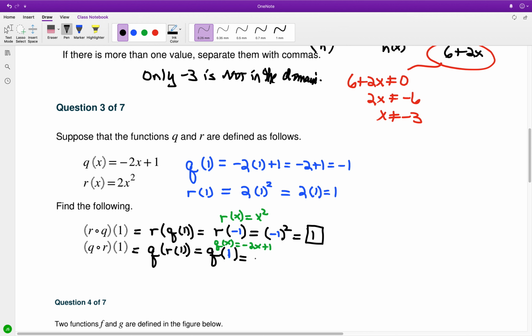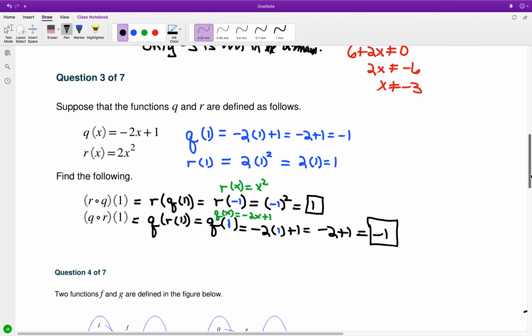Replacing x with 1, we have negative 2 times 1, and with the addition of 1, we have negative 2 plus 1. So q composed with r, whenever x is equal to 1, ends up at negative 1.